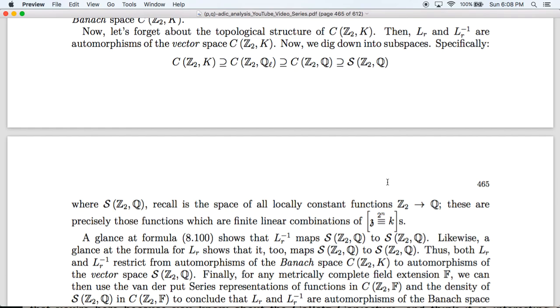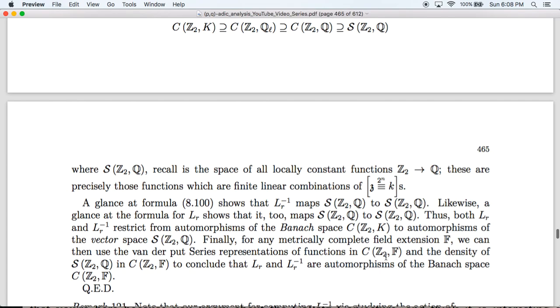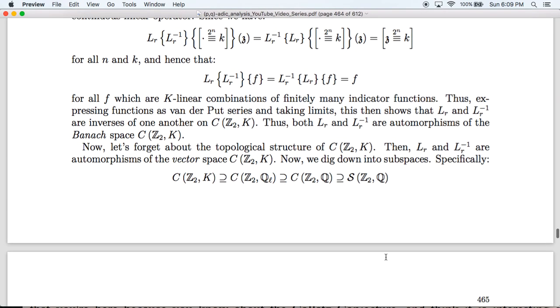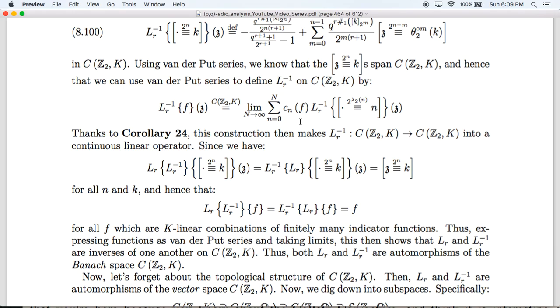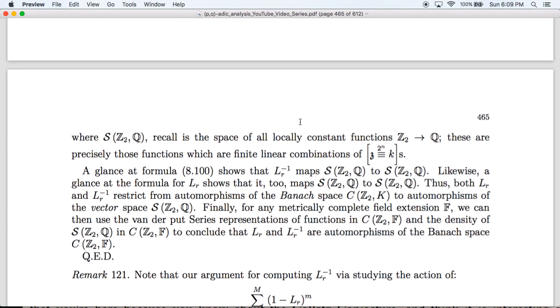Since LR is continuous in every metric completion, in C of Z2F for every metric completion of F, we then tensor with F to extend our scalars from rational scalars to scalars in F, and then by the continuity of LR and LR inverse, we get the invertibility of LR on C of Z2F simply by using the Van der Put series to compute it term by term. So yes, that's the argument.